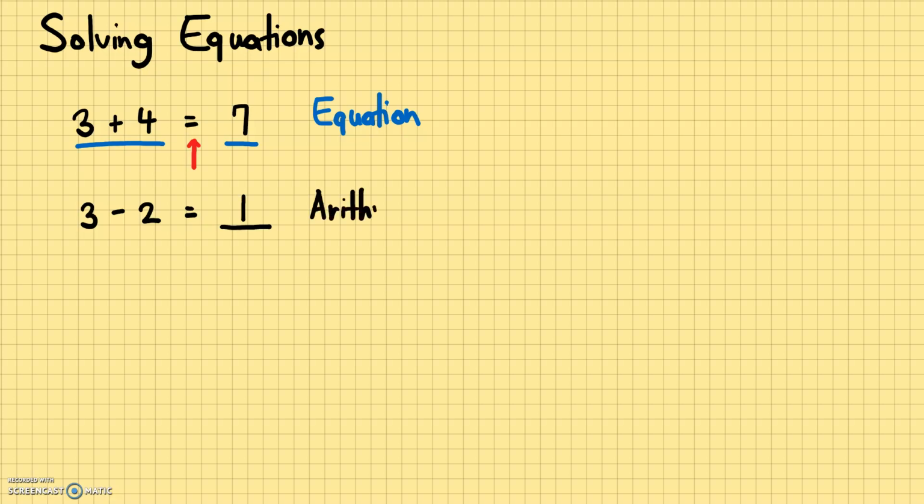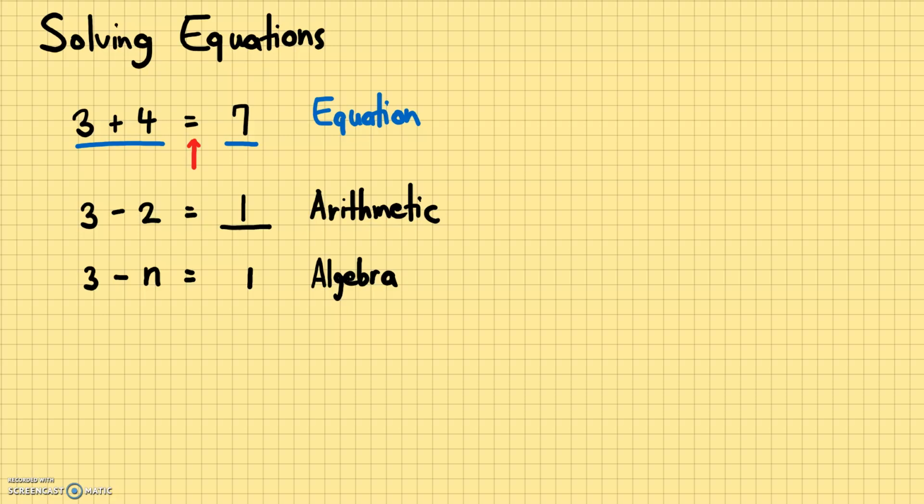In algebra, we are actually given the answer, and we need to find a missing part. So 3 minus something, and we usually write a letter for something that we need to find. So let's put an n here. 3 minus n equals 1. This is an example of an algebra question.